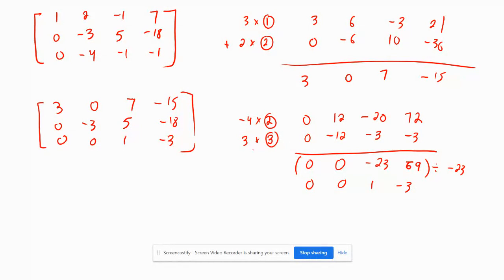That looks good. 3 times equation 3, 0, negative 12, negative 3, negative 3. Add those ones together. Okay, so we got an answer of negative 3 over here. This was looking good so far. All right, so where do we make a mistake?